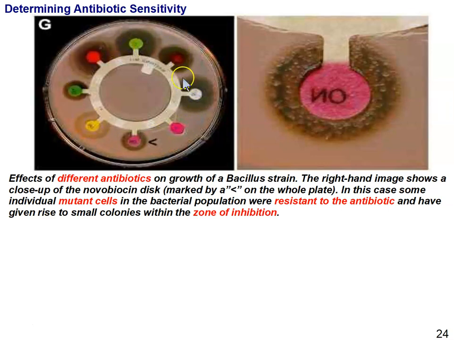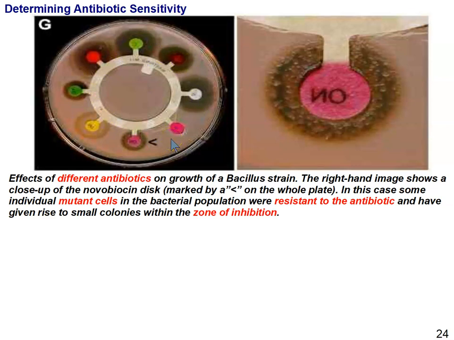Each of these little discs is soaked with a different antibiotic. In this way, the doctor can tell which antibiotic is most effective at killing the bacteria that's making you sick. So this is a way of learning the sensitivity of the bacteria to different antibiotics.